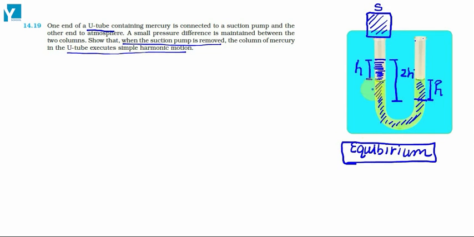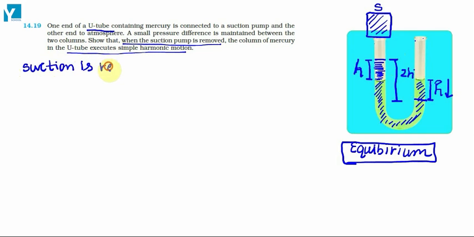When I have a suction pump at one end and the other end is free to the atmosphere, due to the pressure difference, this side of the liquid will rise to some height h and this side will lower down by the same height h, and the difference in the heights on the two sides of the column will be 2h.